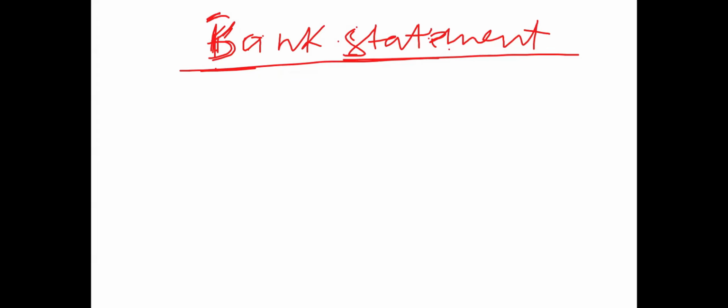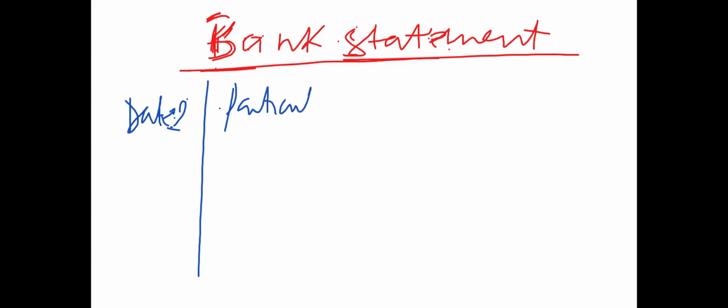So that's what we are basically talking about. So let's look at the format. Now, for the format, of course, we always start with the dates. Then we have particulars or details.